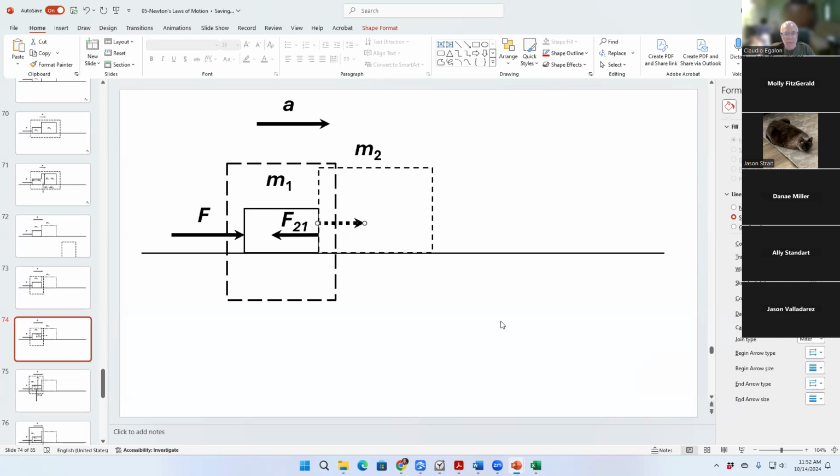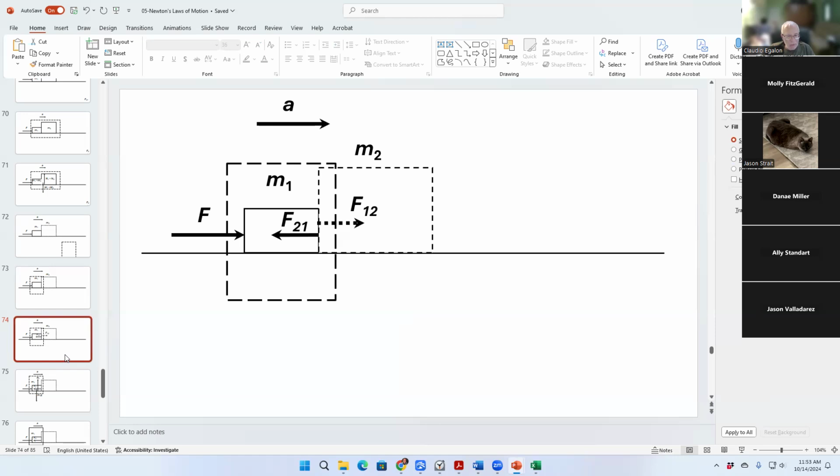What about this one? Yeah, better, right? Force of 1 applied to 2.